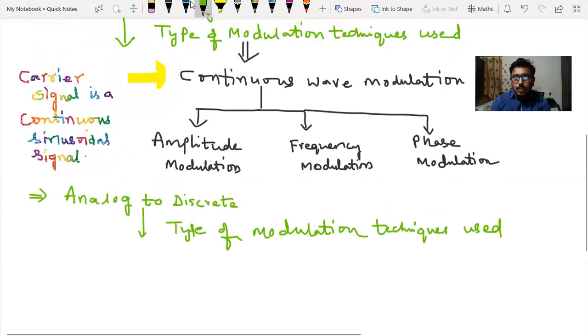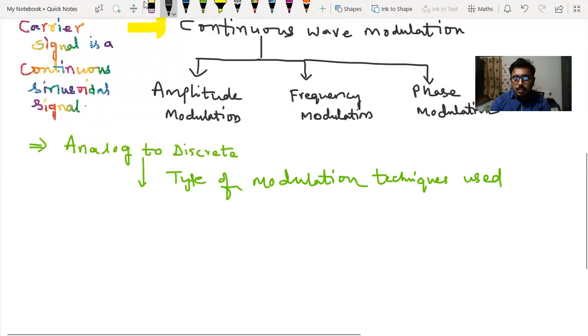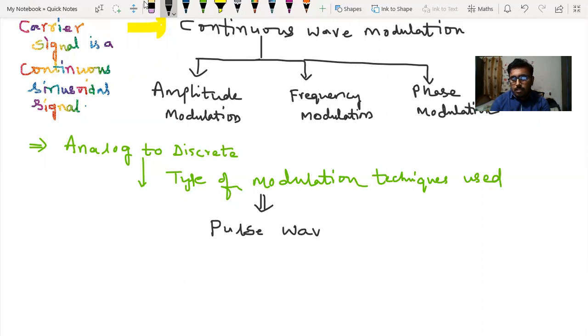Instead of the continuous wave modulation types, here we are going for the pulse wave modulation, which means we are using the carrier signal in terms of a pulse.